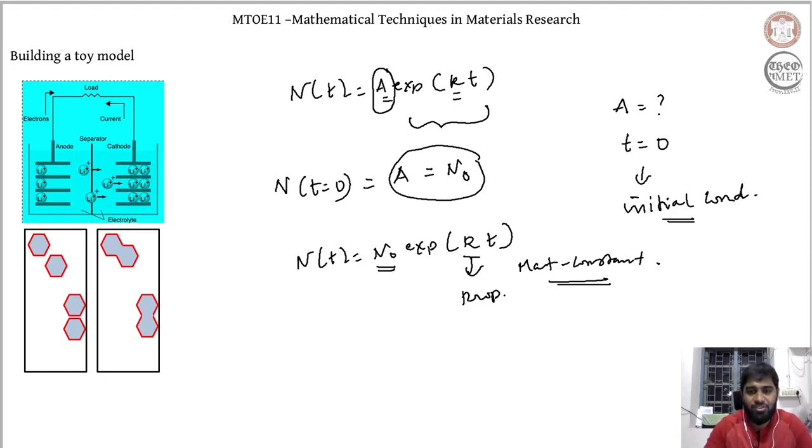Now this expression includes two parameters: one talks about our initial condition, the other talks about the nature of the material that we have as an electrode.